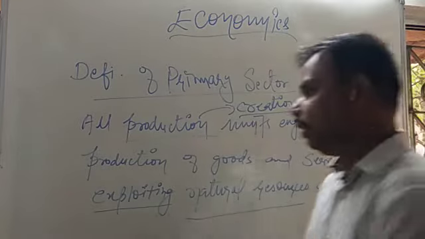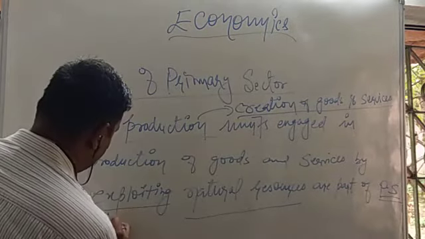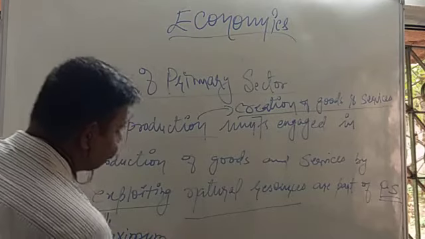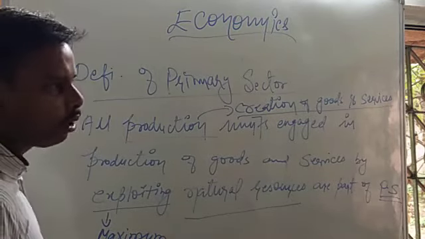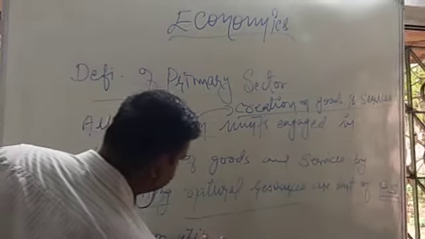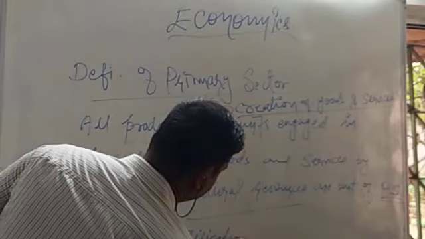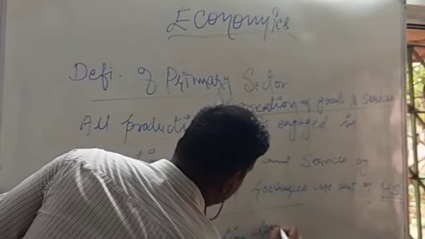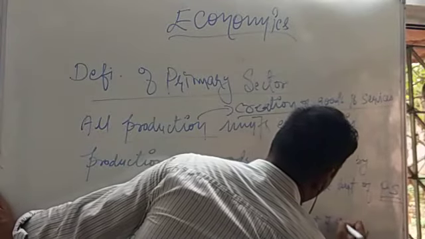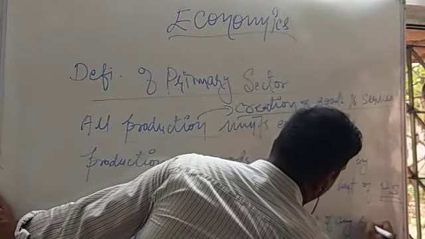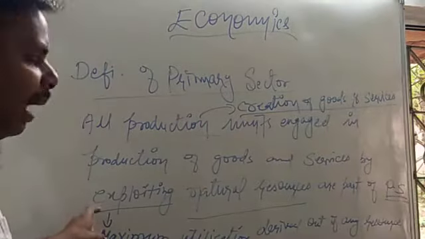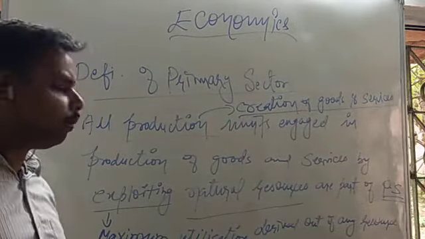In economics, when you take the maximum benefit out of anything, that means you are exploiting that particular resource or object. Maximum utilization derived from any resource.